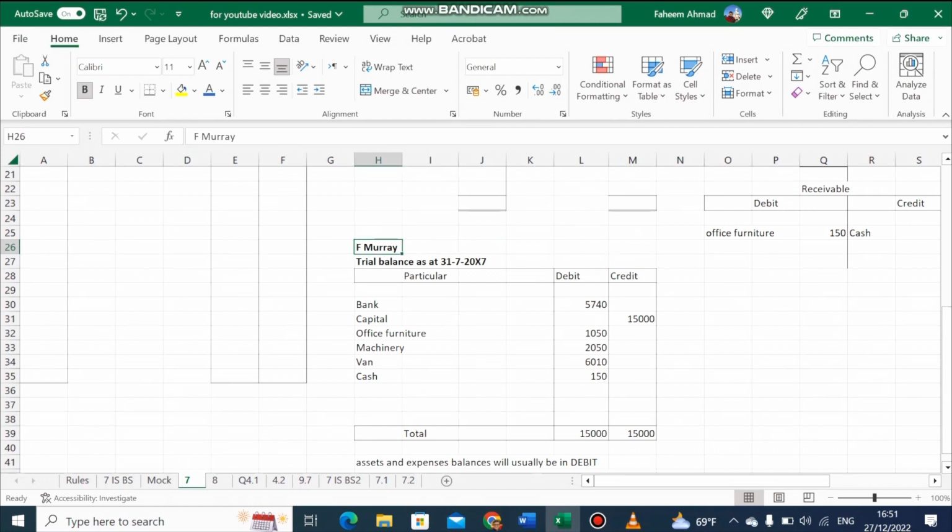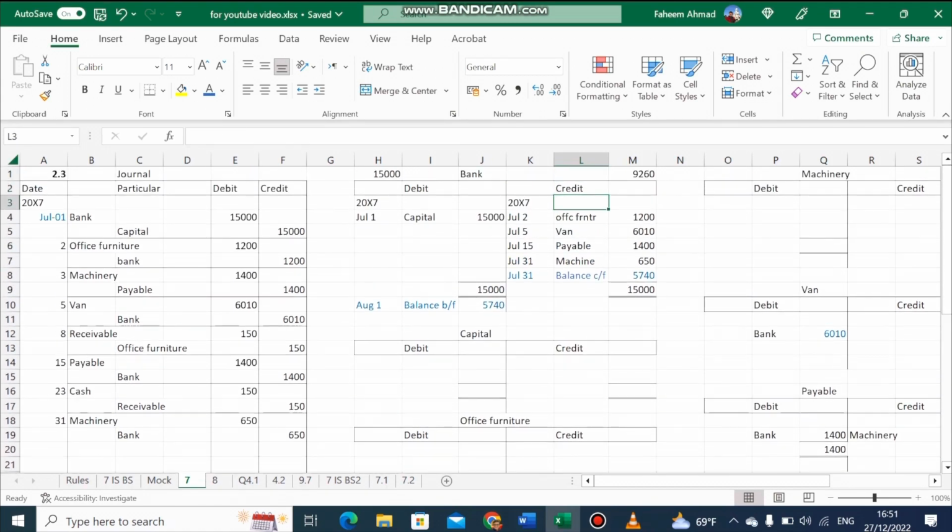First of all, I'm going to write down name of business and then I'm going to write down trial balance as at 31st of July 2007. So bank balance is debit balance 5740. I'm going to post this balance from T account in the trial balance. Okay, so bank account is done.